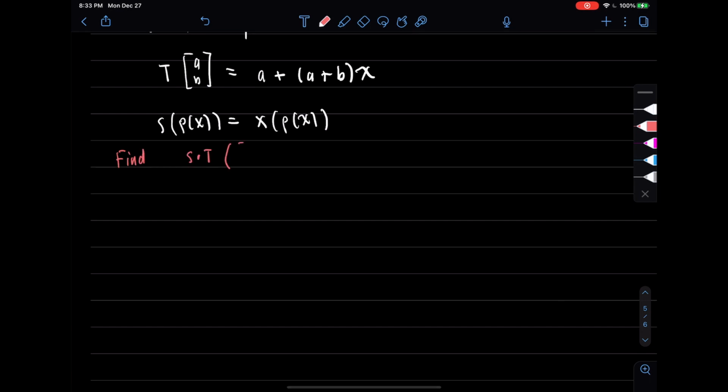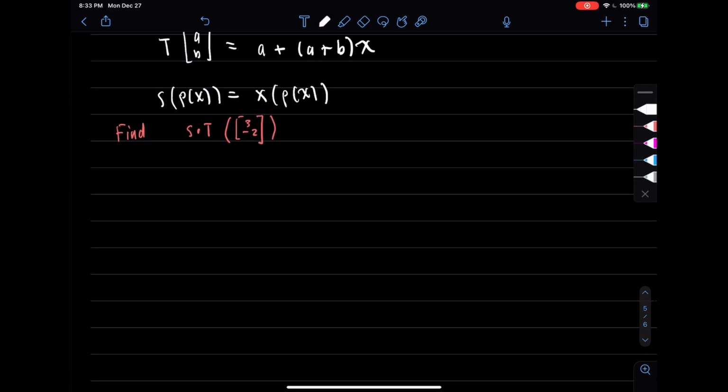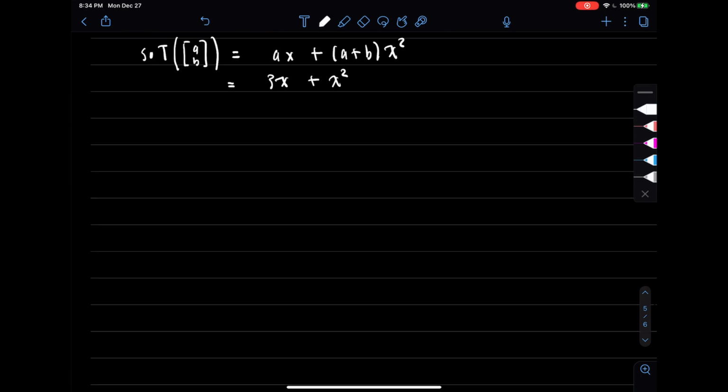So this is actually very easy. I would like you to pause the video and do it. But basically, we just plug a and b into T(a, b), which will give us ax plus a plus b x squared, which will give us 3x plus x squared. I'm sorry, yes, it will give us 3x plus x squared.